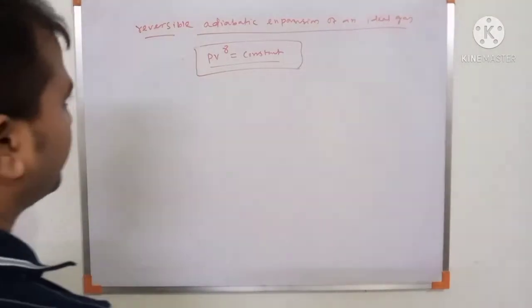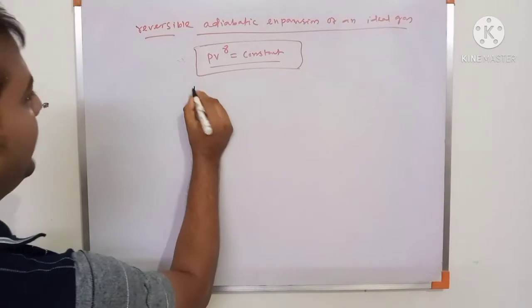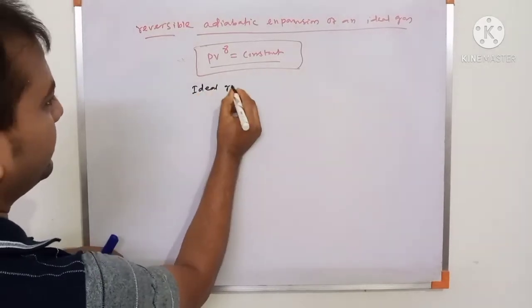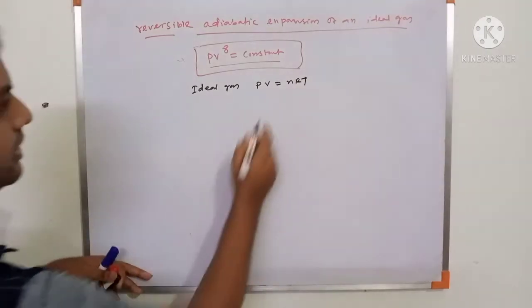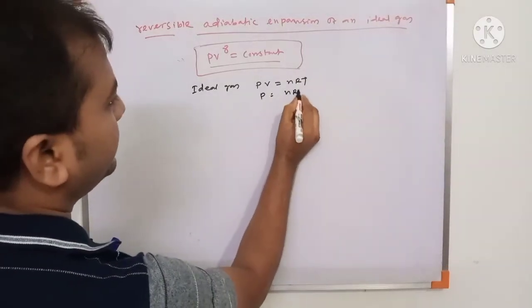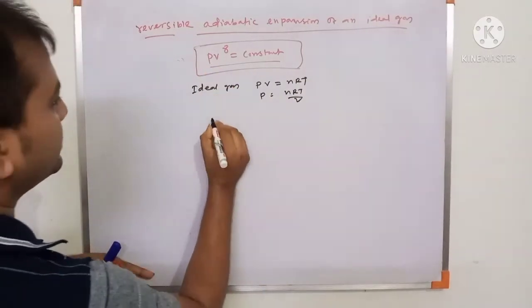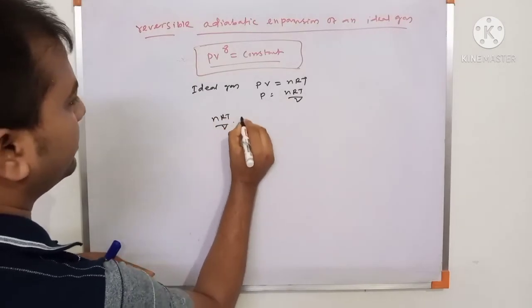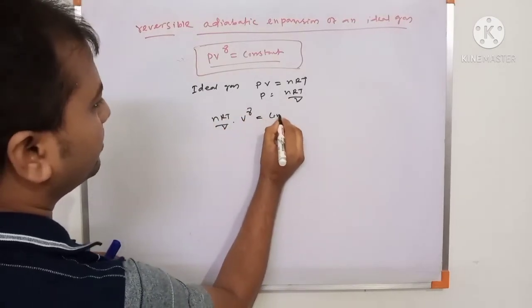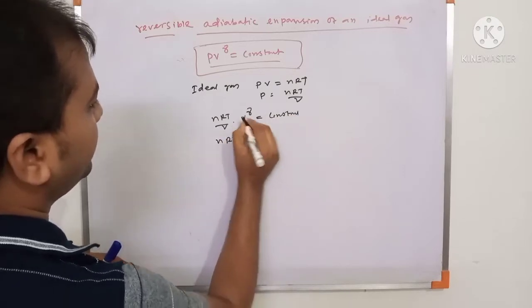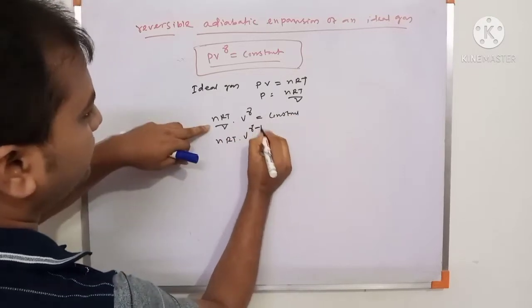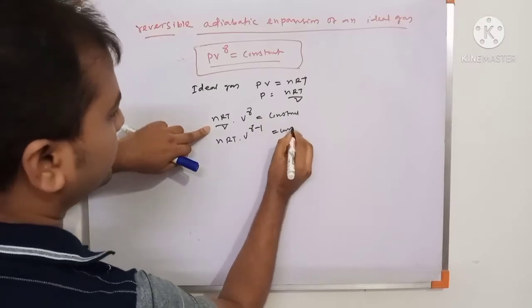Now we know for an ideal gas PV equal to nRT, so P equal to nRT by V. Substitute this: nRT by V into V to the power gamma equal to constant. So nRT into V to the power gamma minus 1 equal to constant.